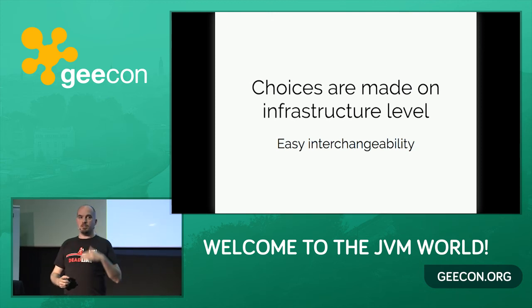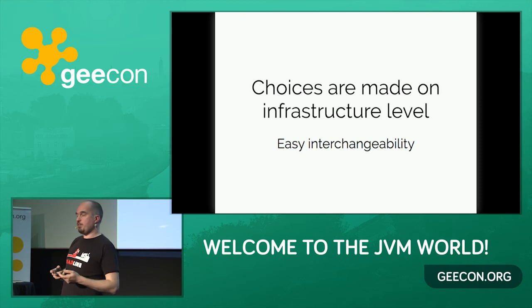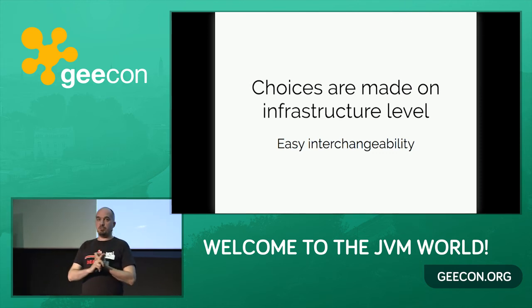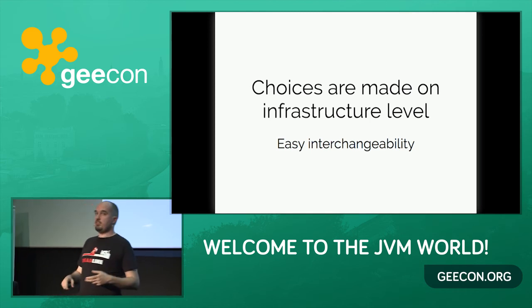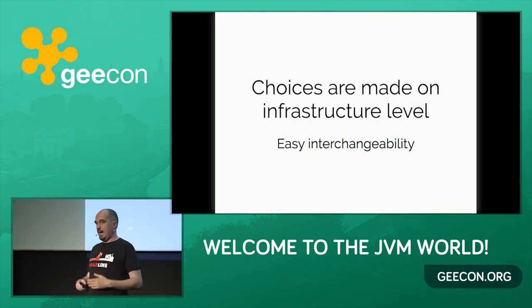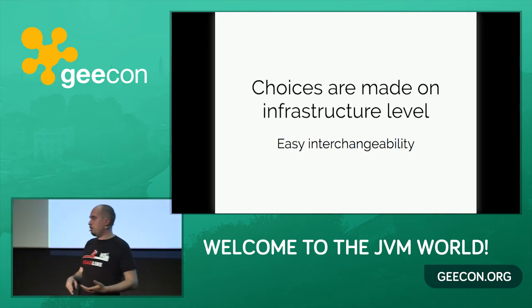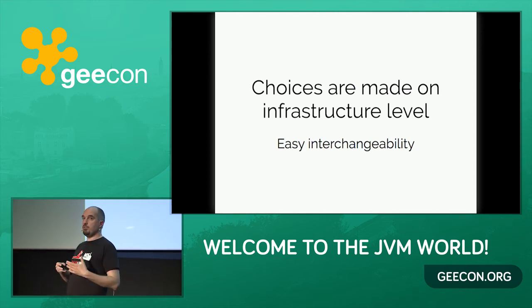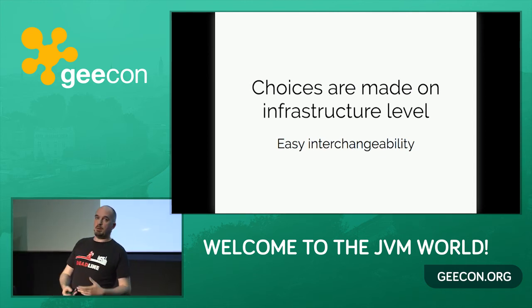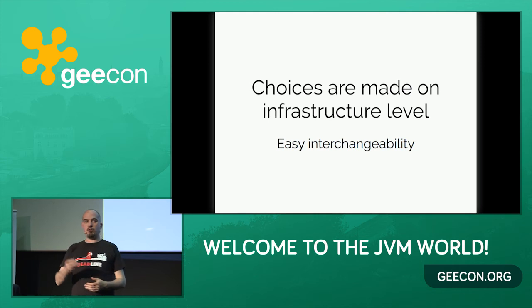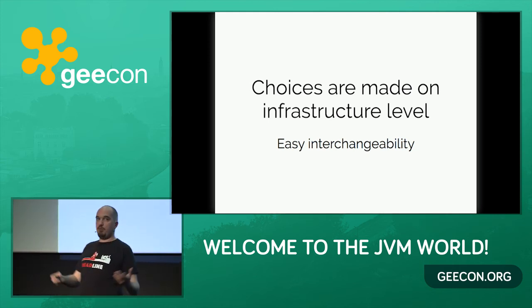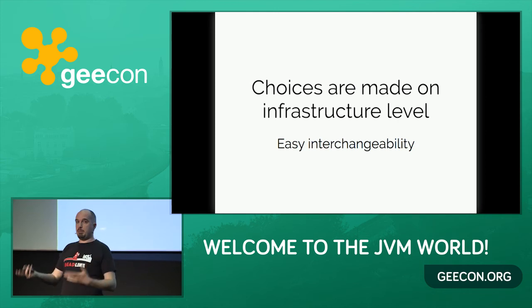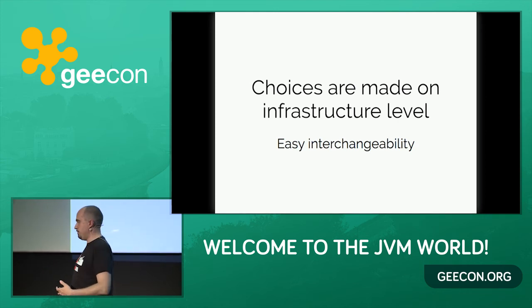That means you're going to make it on the outside layer of your onion, which means you can choose whether you want to use Spring MVC, JAX-RS, or Vert.x to expose your systems. And on the inside, you want to be able to switch between getting it from a database, from MongoDB, from an in-memory map representation, or from an external system through JMS or a REST client.